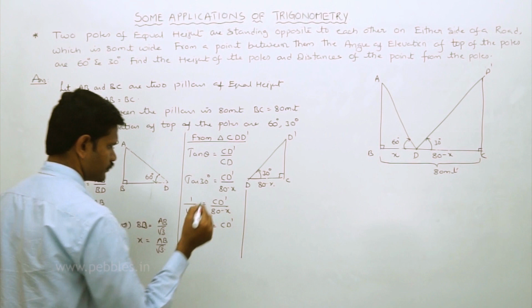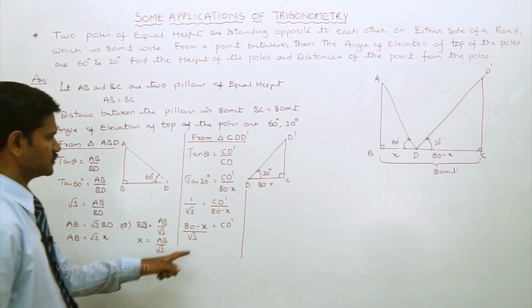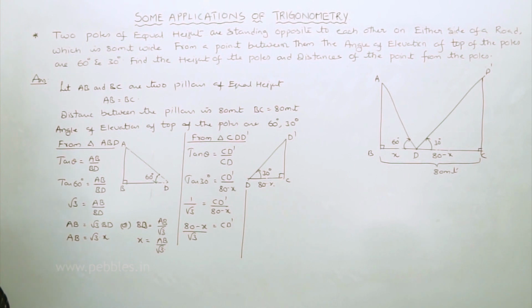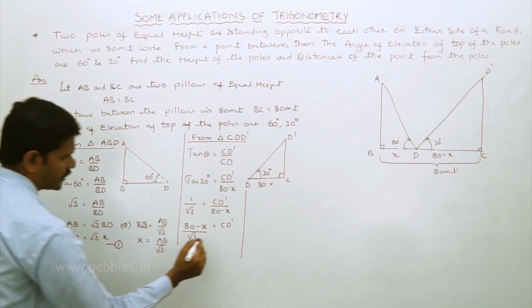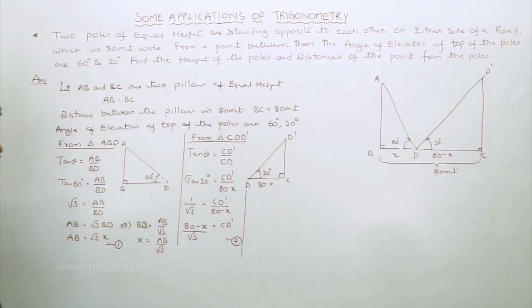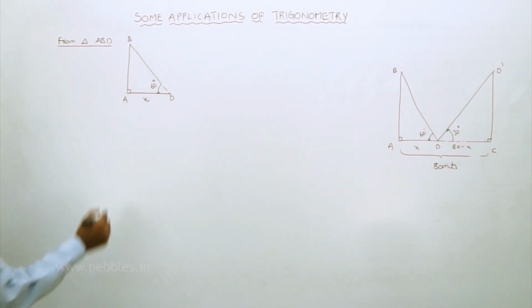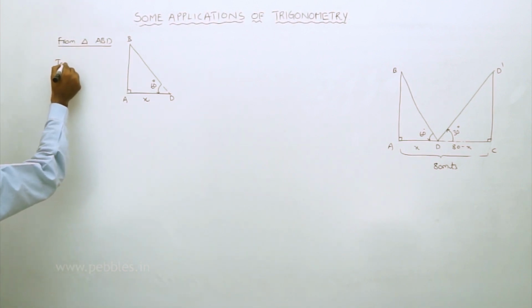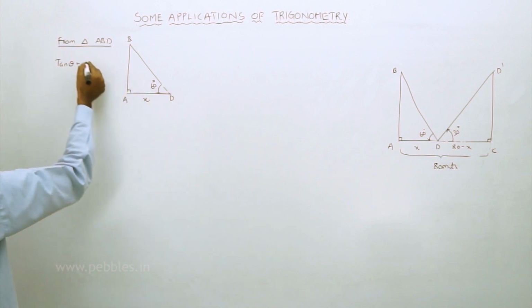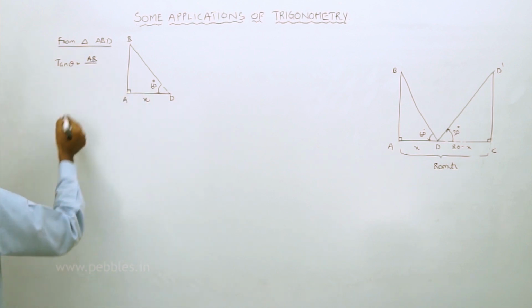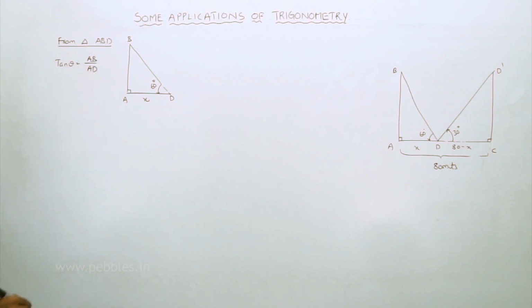Now, this is equation 1 and this is equation 2. Since AB and CD dash are two equal pillars, from triangle ABD, tan theta is equal to opposite side AB by adjacent side AD.